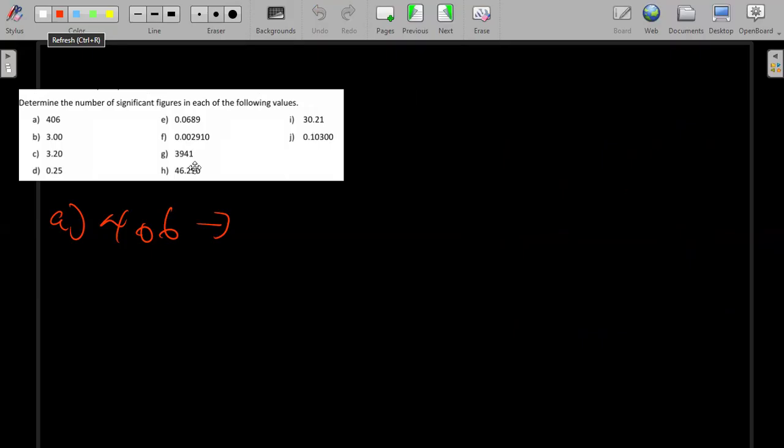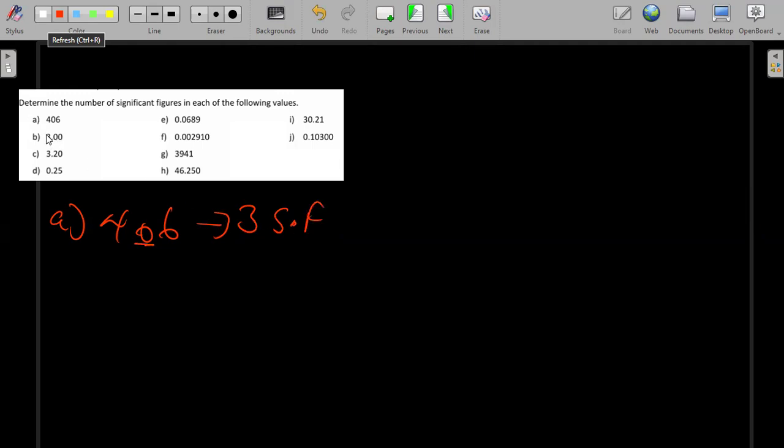In this case, we are going to have 3 significant figures. This is a 0 in between numbers, so it's going to be significant.